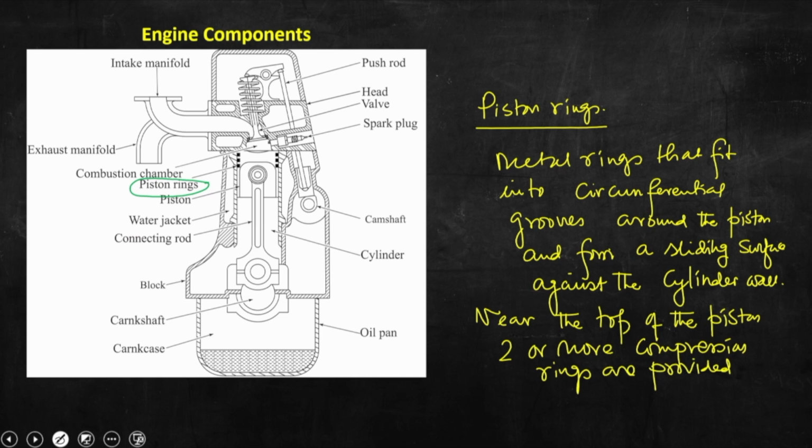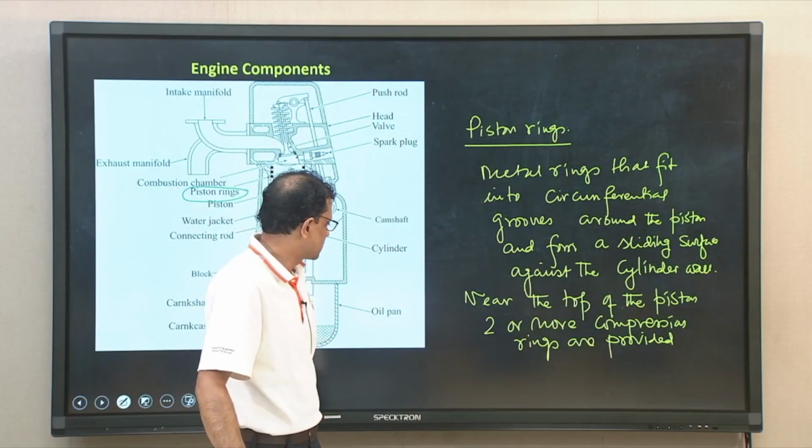And as I told you, these rings act like a seal so as to prevent or restrict the possible leakage of high pressure combustion gases into the crankcase through the gap between the cylinder inner wall and piston outer surface.